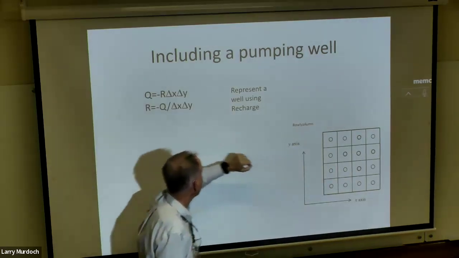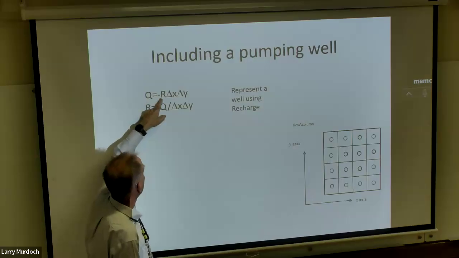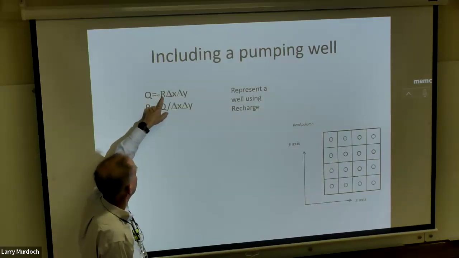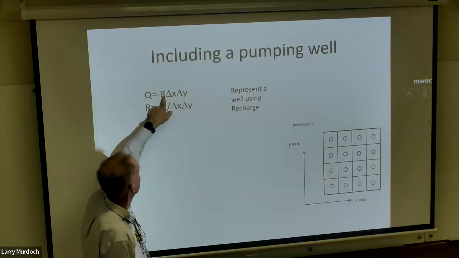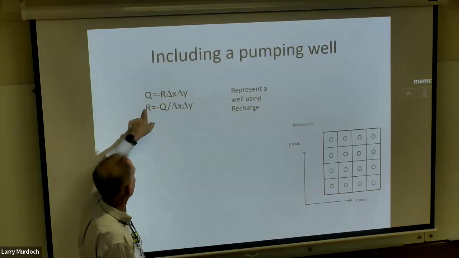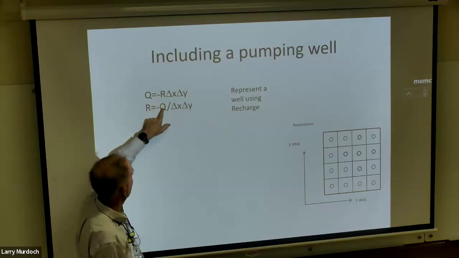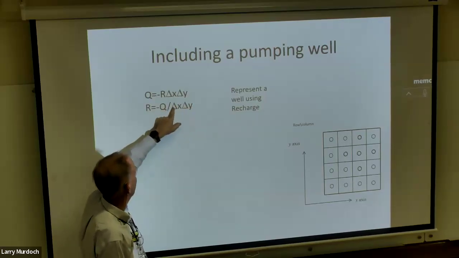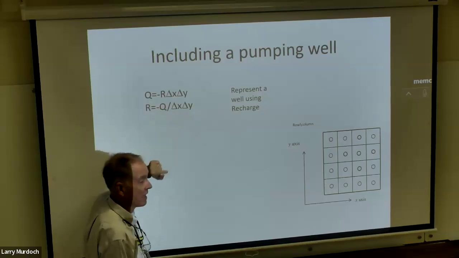Okay, so Q is going to be negative the recharge times the area of the block. All right, or the recharge is the pumping rate normalized to the area of the block, change the sign.